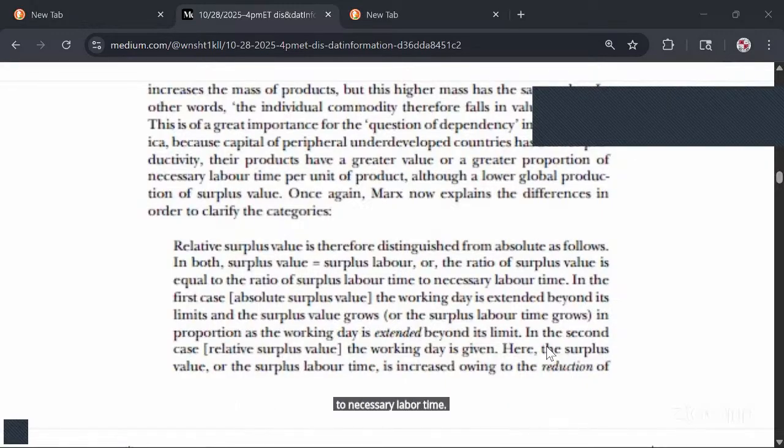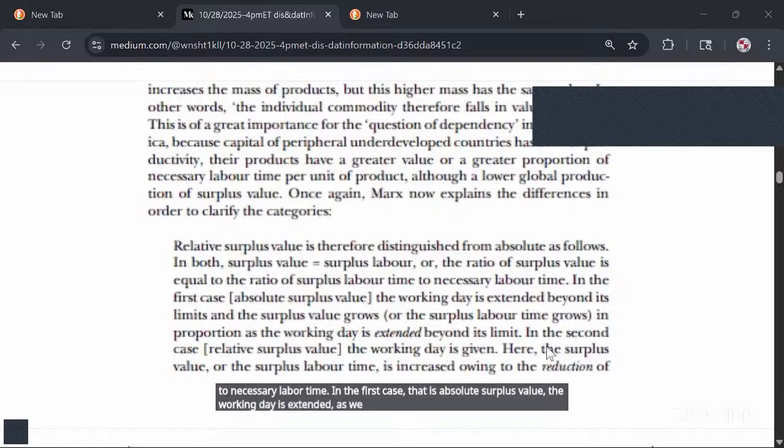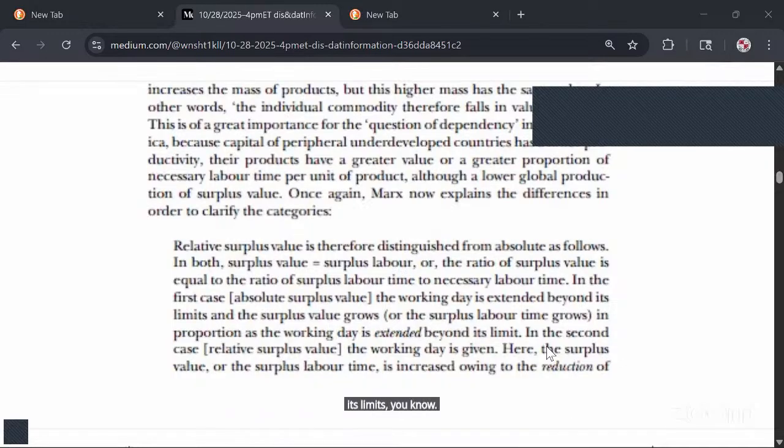In the first case, that is absolute surplus value, the working day is extended, as we just described. The working day is extended beyond its limits. It's not the 10-hour day or the 8-hour day, etc. And the surplus value grows, or the surplus labor time grows, in proportion as the working day is extended beyond its limit.